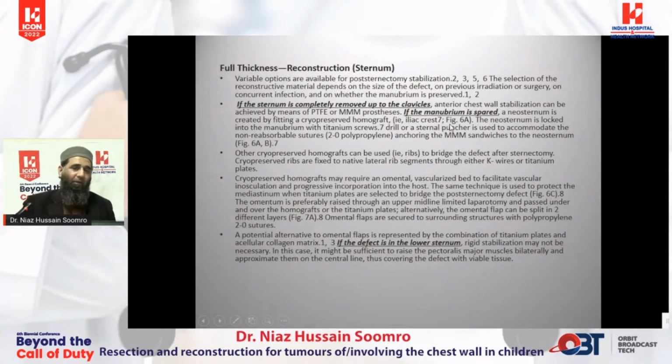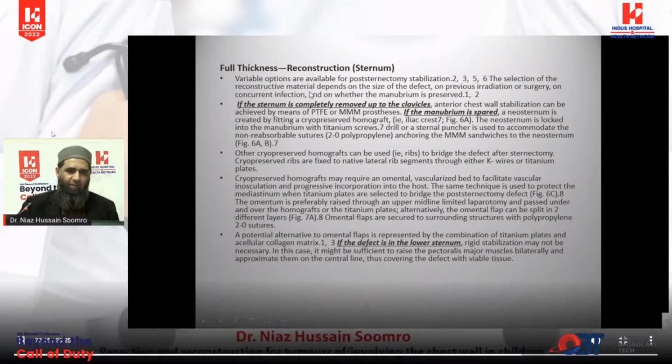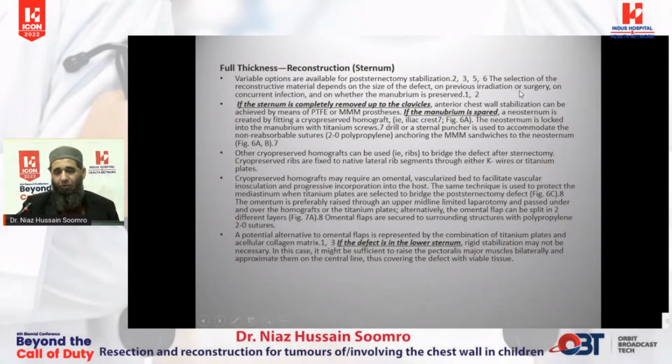Now, the sternal reconstruction. Again, various options are available for post-sternectomy stabilization. The selection of reconstructive material depends on the size of the defect, obviously, on previous irradiation or surgery, on concurrent infection, and on whether the manubrium is preserved or not.